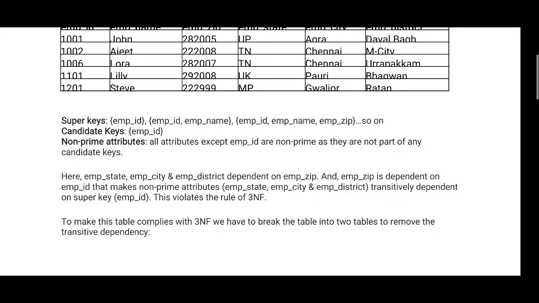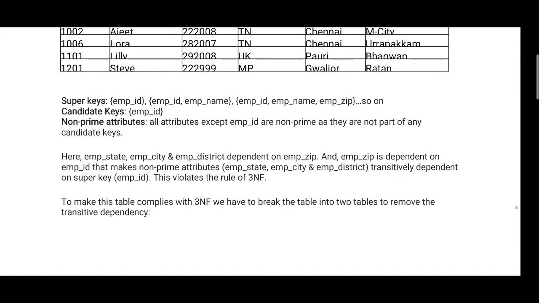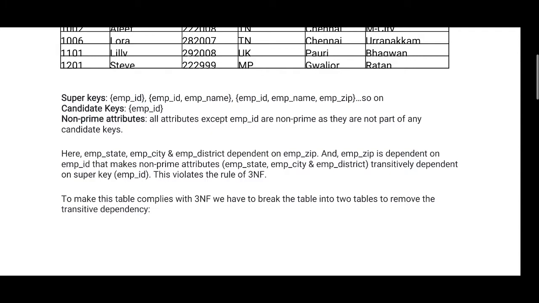Here employee state, employee city, employee district and employee zip are dependent on employee ID. This makes the non-prime attributes employee state, employee city and employee district transitively dependent on the superkey employee ID, which violates the rule of third normal form.